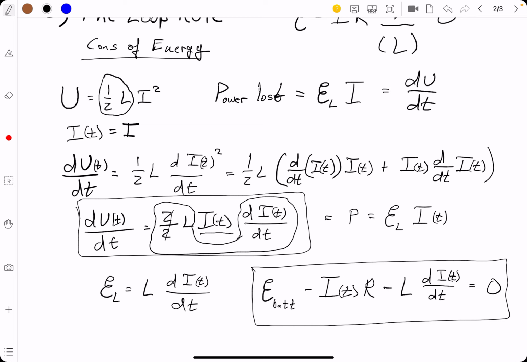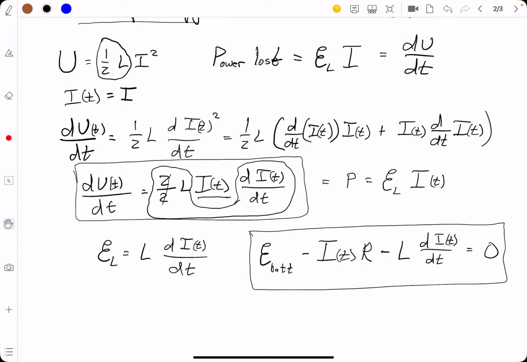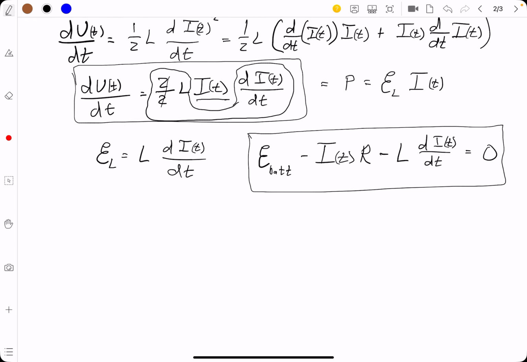So what is this equation? I don't know if you guys have had differential equations yet or not, but this is a first order differential equation. We're doing a derivative.